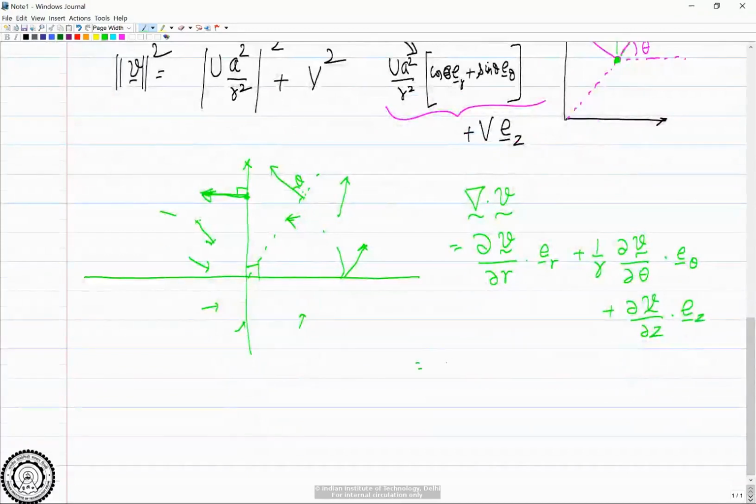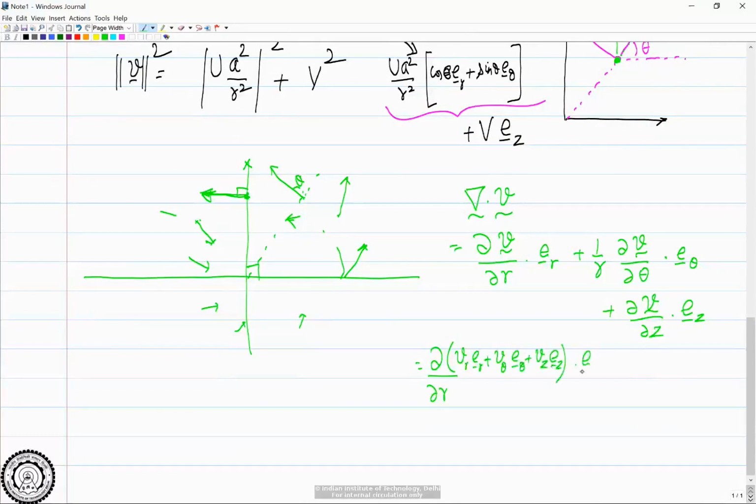So now this velocity we have to express in er, e theta, ez. Let me write it down more clearly. So this is del by del r of (vr er plus v theta e theta plus vz ez).